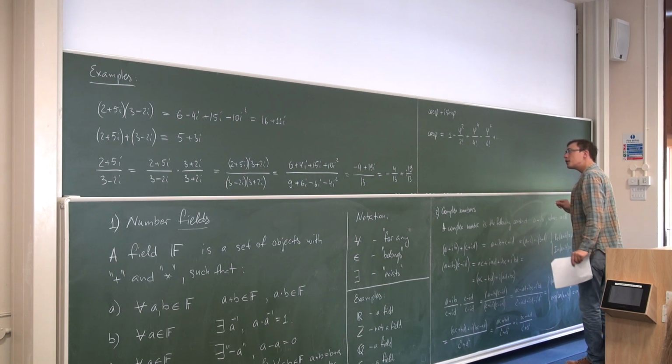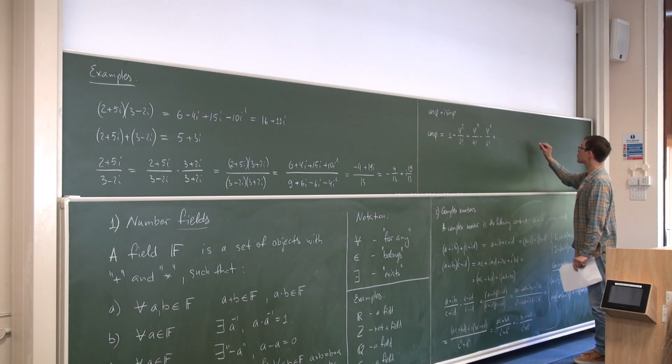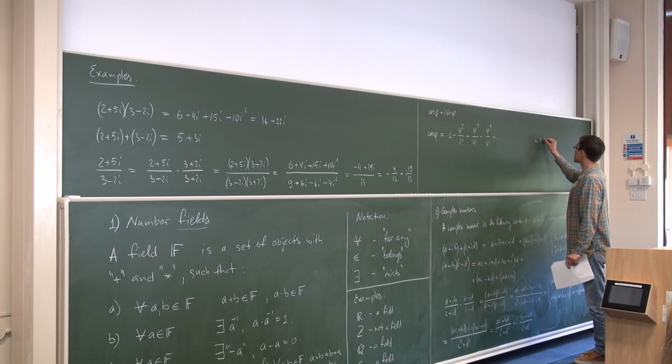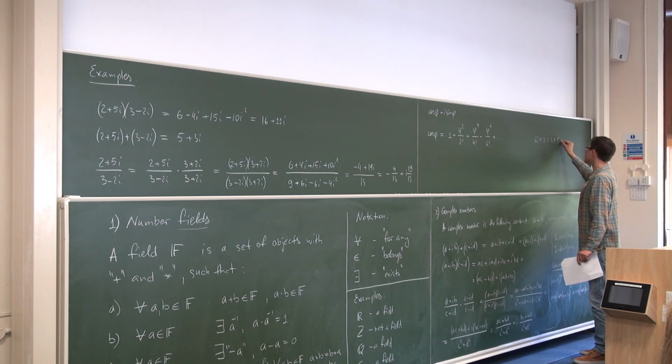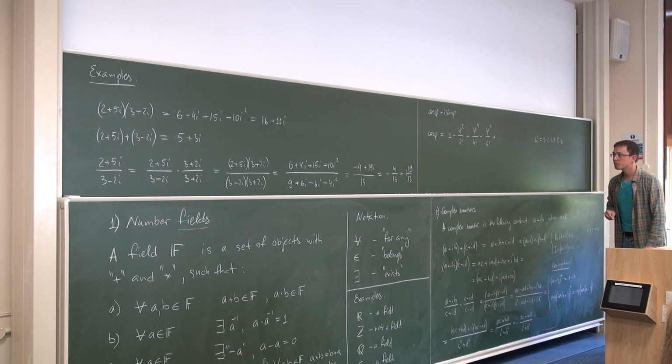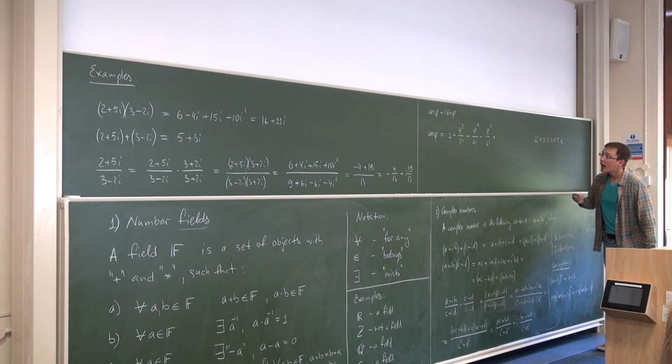Where the factorial is a product of all the numbers up to that. So 6 factorial is 1 times 2 times 3 times 4 times 5 times 6. Right, so pronounced not 6, but 6 factorial.